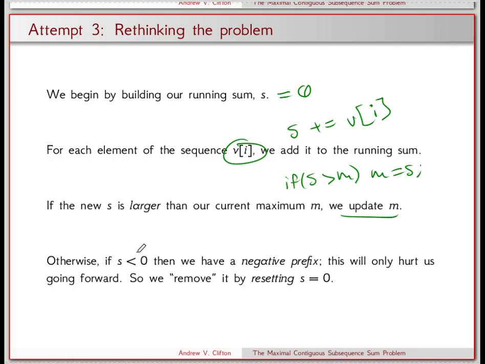But if s is negative, then we're going to chop off the section before that. That means we're looking at a negative prefix, so we're going to cut it off. So we're going to say, if s is less than 0, restart by resetting s equal to 0. Cut off that negative prefix that we just saw and pretend like the sum is starting over at the current position.